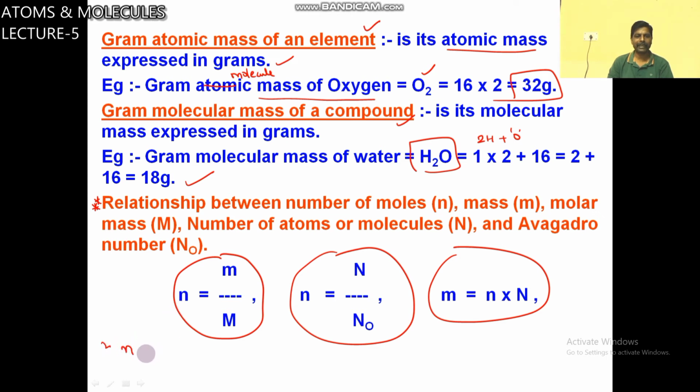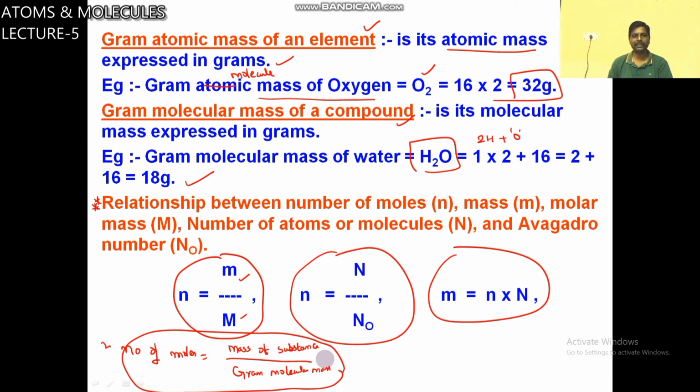First formula: this n means number of moles, this small m means mass of the substance, and this capital M means gram molecular mass. Number of moles is equal to the mass of the substance divided by gram molecular mass.